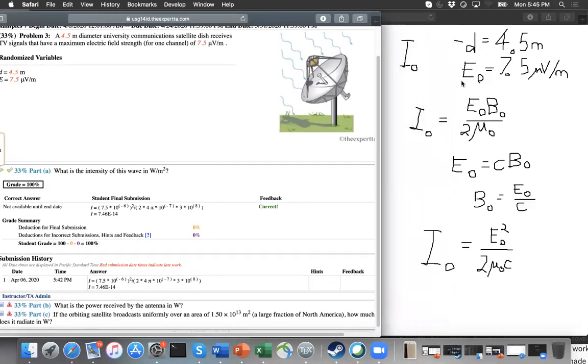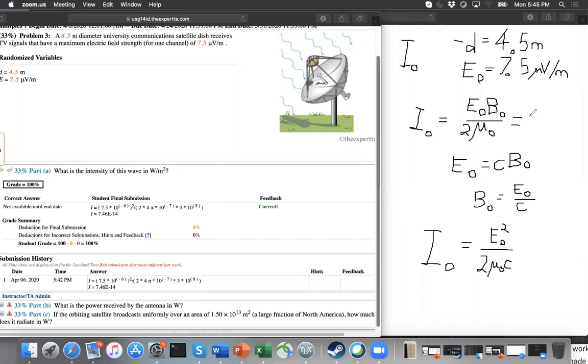and so let's see, how do we want to do this? You now say I naught equals, and I'll round this off a bit, 7.5 times 10 to the minus 14.